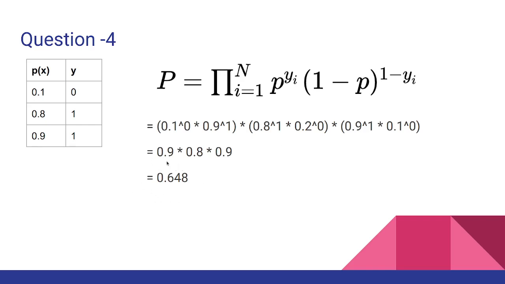So this is the likelihood of these points by the model. The model is predicting this value, and the actual values are this, and from this we are finding the likelihood, and the likelihood value is 0.648. So is this problem clear to everyone?